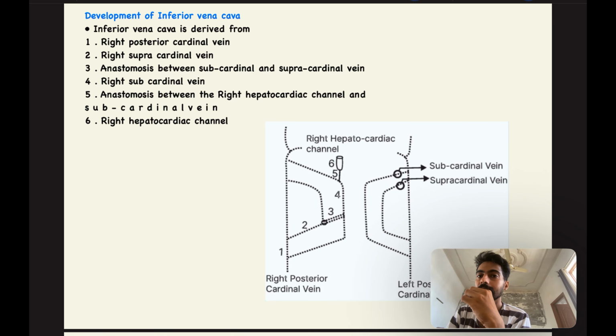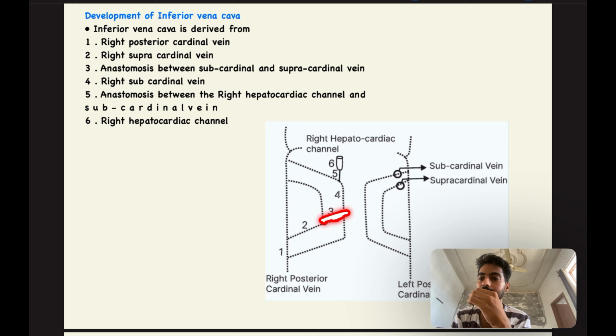Then the third one is the subcardinal vein, and then a hepatocardiac channel. This is our hepatocardiac channel, which in the name represents the connection between hepatocyte, or liver, and heart.